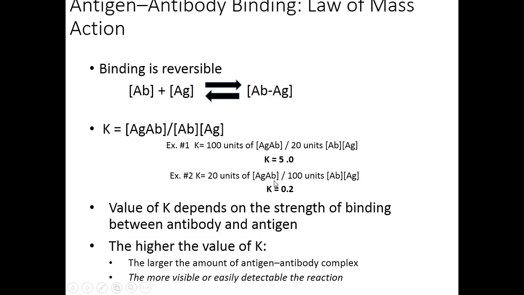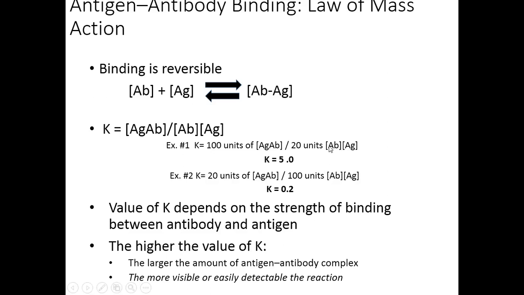And so the larger the amount of antigen-antibody complex, the higher the value of K. These are clearly the reactions that are remaining bound, right? And these are the ones that ultimately are going to make good lab tests for us because they're going to remain visible or easily detected.